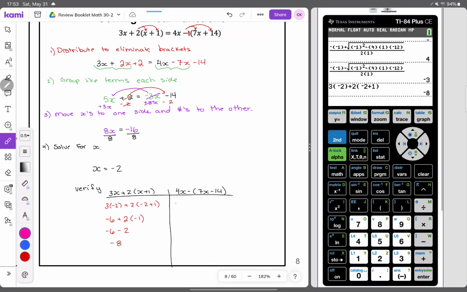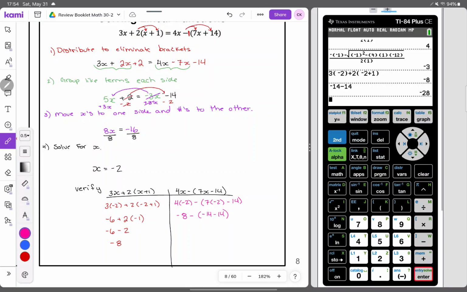Okay, so on this side, we're going to sub in -2 again. 4 times -2, that's going to be -8, minus 7 times -2, that's -14, minus 14. Well, -14 minus 14 is just -28, which is wrong. Something's wrong.